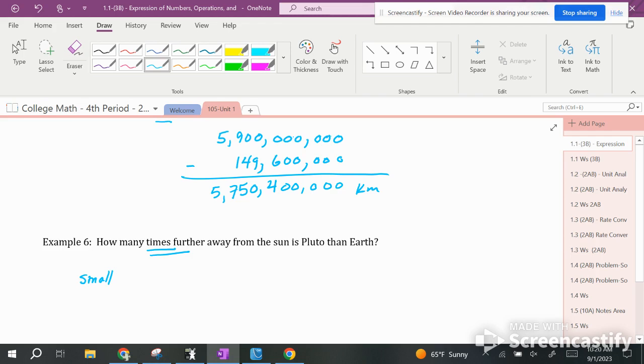You multiply. Times some number equals the larger thing. So I'm solving for x. To figure out how many times bigger, you'll always do the larger thing over the smaller thing.